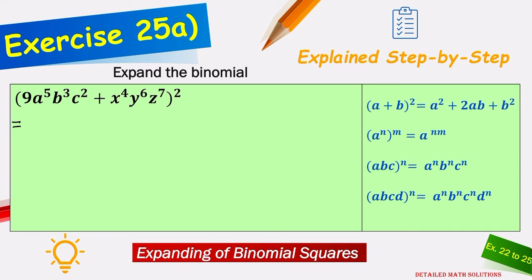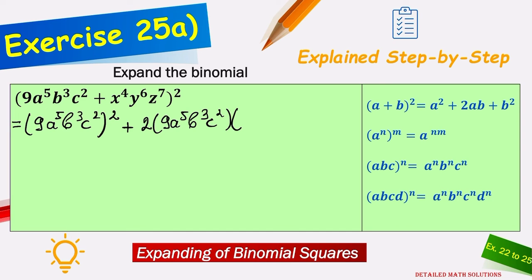This equals (9a^5 b^3 c^2) squared plus 2 times 9a^5 b^3 c^2 multiplied by x^4 y^6 z^7, plus (x^4 y^6 z^7) squared.